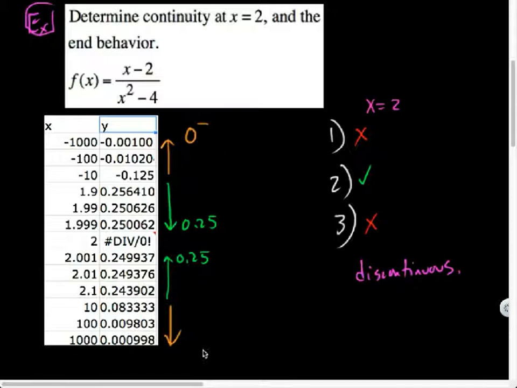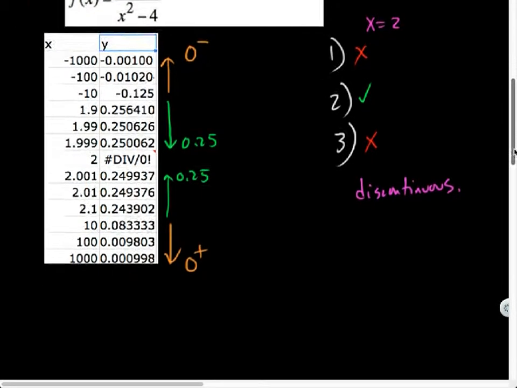And here, those numbers are getting smaller and smaller. It's approaching 0 from the positive side. So if I wanted to describe the end behavior of this graph, this is how one would do it.